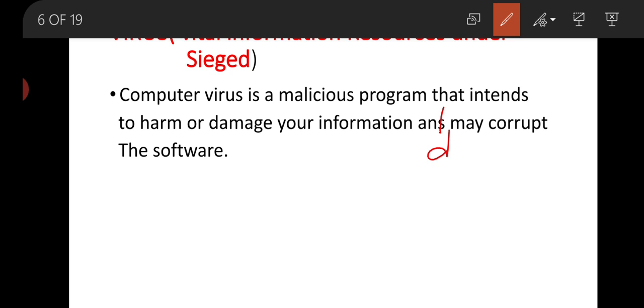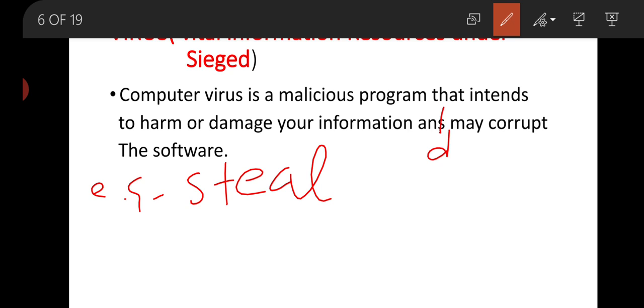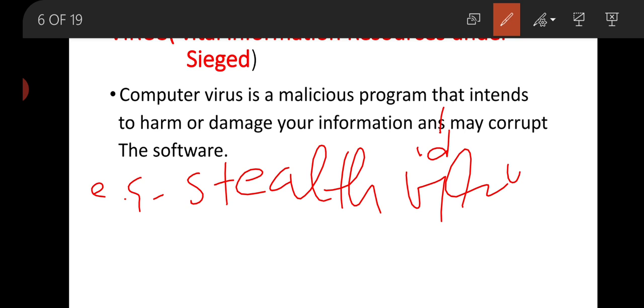There are many types of virus, like stealth virus. If we take the types of virus, you can know stealth virus and many more. Further, we are going to discuss that.